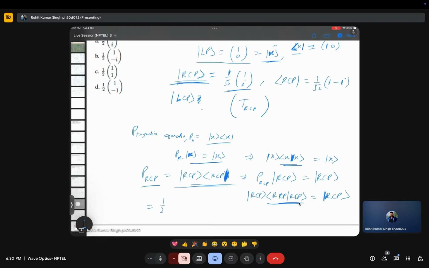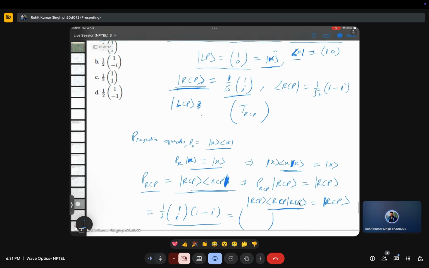So 1 by under root 2 times 1 by under root 2 is 1 by 2, and you have 1 i, and you have 1 minus i. Now this is not a scalar, this is another matrix, a 2 by 2 matrix. There is a difference between this, which is a scalar, and this, which is a matrix.